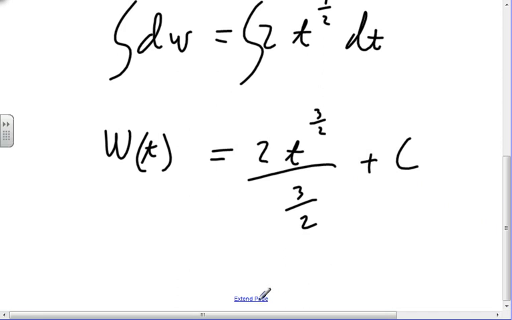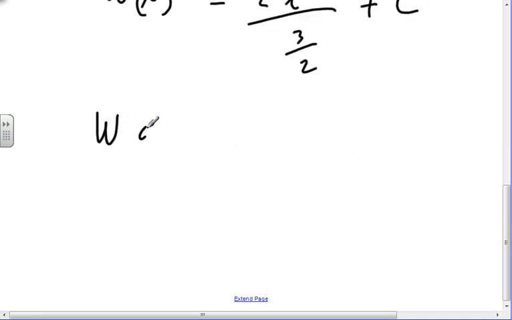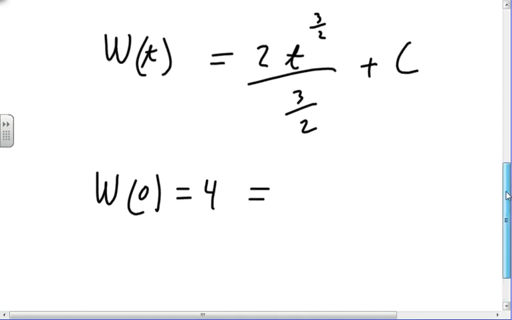We know that W at 0 is 4, which implies very strongly that C is equal to 4. See, when I put a 0 in here for the t, this whole thing becomes 0.